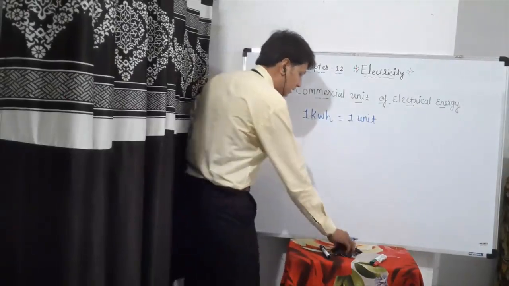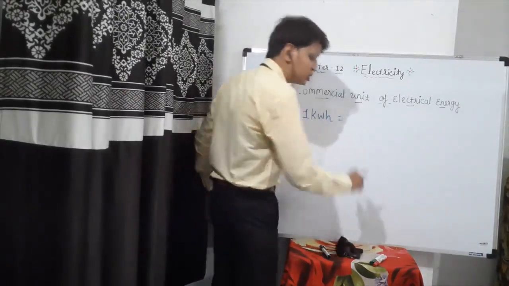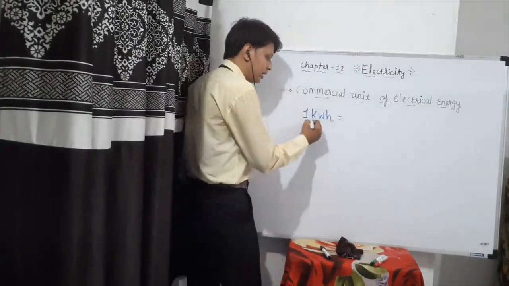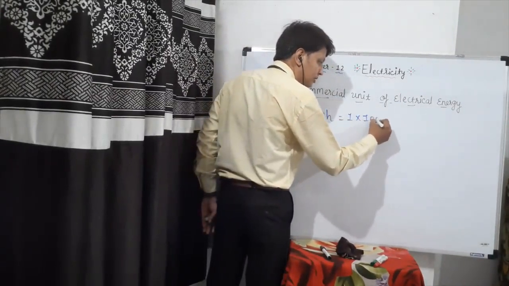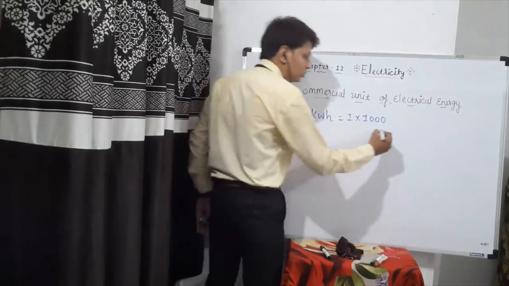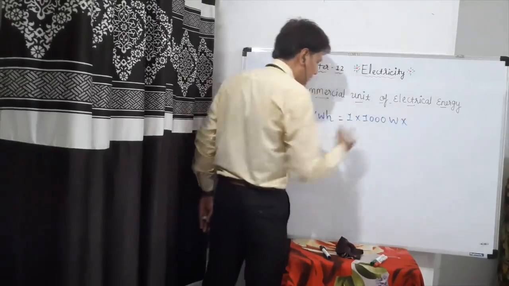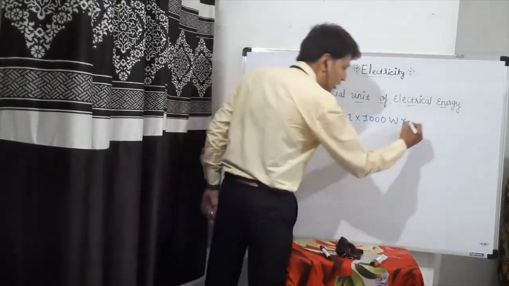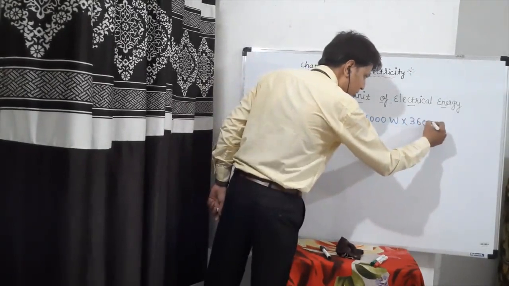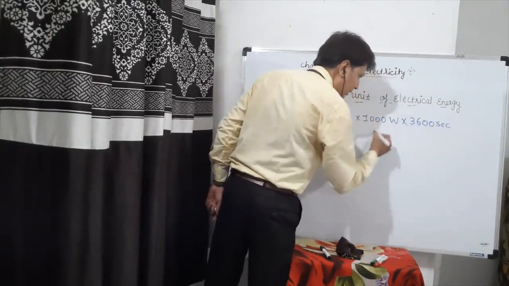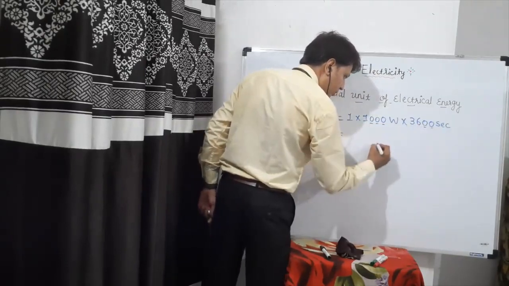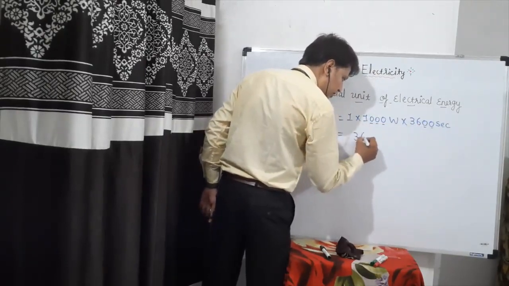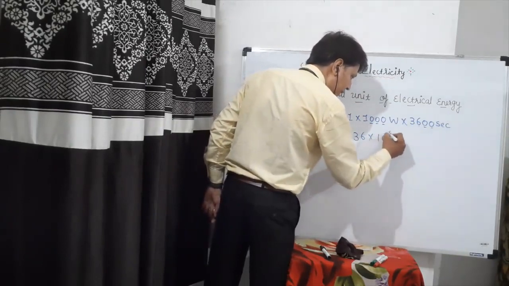Now let us say 1 kilowatt hour can be measured in joule. 1 kilo is represented as 1 multiplied by kilo, meaning 1000. 1000 watt multiplied by hour. Hour means 3600 seconds, and how many zeros are there? 5. That is 36 into 10 to the power 5.